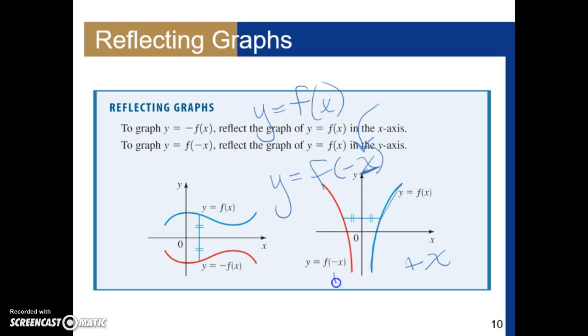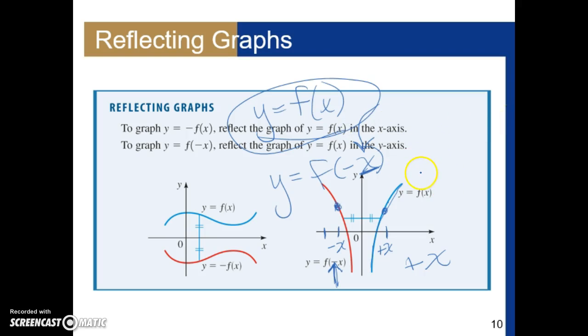So when I reverse that, this says every positive x value that I put in there is now a negative x value. So I'm going to get the same output, but I have the opposite input that I had in my parent function.